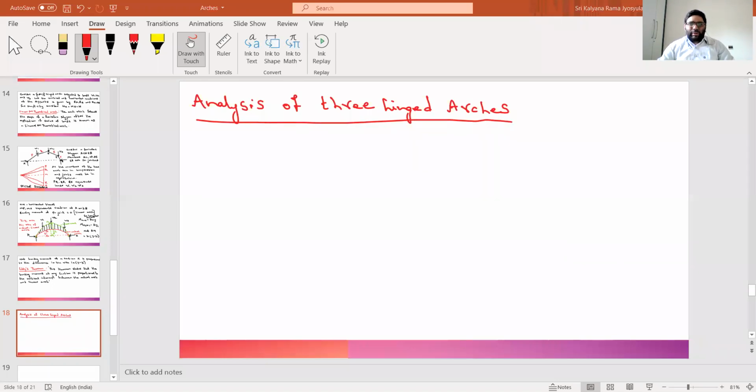Let us try to sketch an arch with various loads acting on it, various reaction components, what is the terminology that is associated with it, and how do we try to calculate the reactions, the normal thrust, radial shear, and bending moment at a given section of an arch.